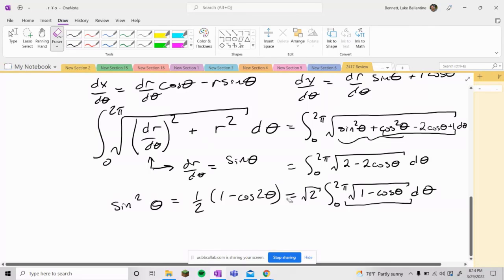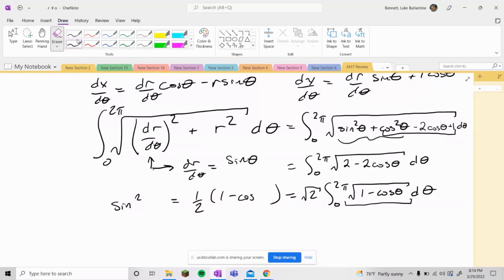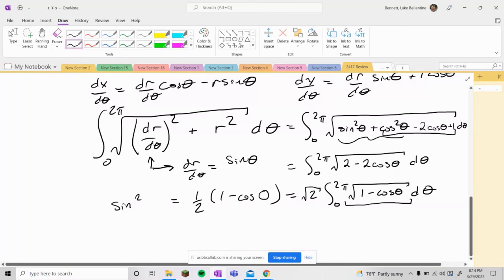So we could call this theta and theta over 2. And then we could multiply by 2 and take the square root, so that square root 2 sine theta over 2 equals the square root of 1 minus cosine theta.